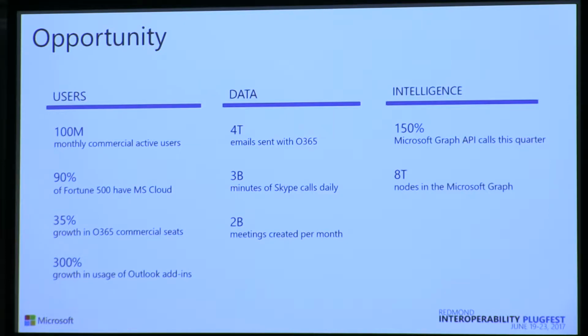All these users using Office 365 are constantly creating data. They're generating content that is rich in terms of opportunity. For instance, we have 2 billion monthly meetings created. On top of this, Microsoft offers intelligence around it using apps such as Microsoft Graph. So this is where we offer a set of intelligence, but there's also a ton of opportunity for you as a developer to extend on top of this.